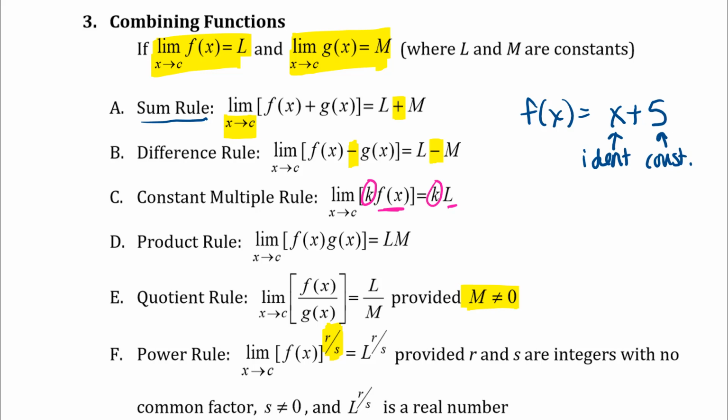S is not 0, and L to the R over S is a real number. Okay, so we're going to use some of those theorems to find some limits. There's one more set of theorems that I want to point out before we get to that though, so let's look at that one next.